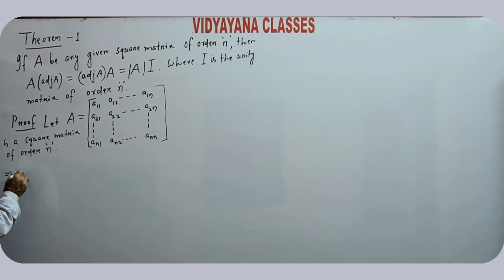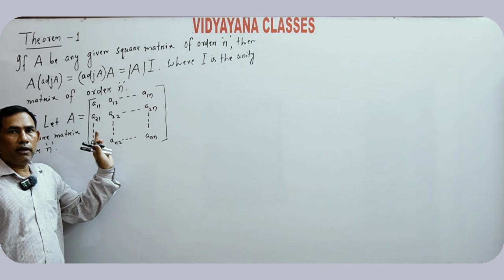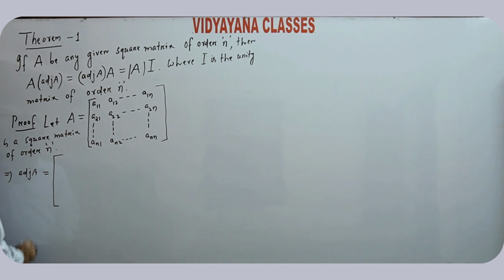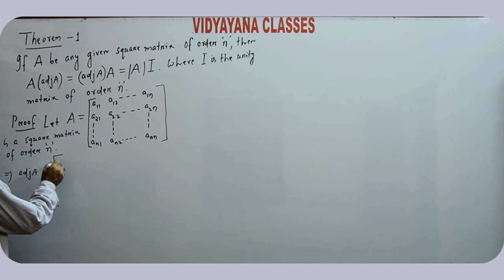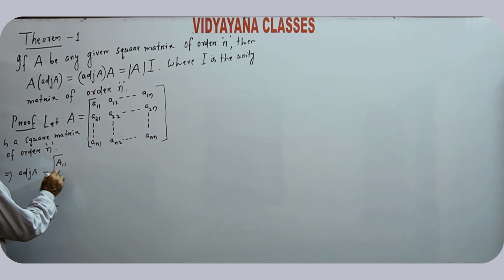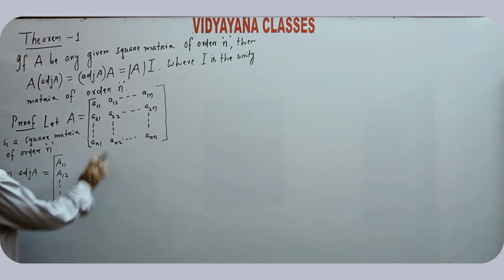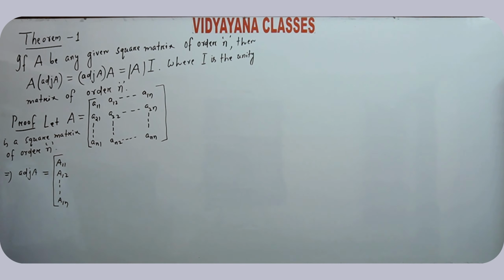Implies adj A. What is adj A? Transpose of the cofactor matrix is called adjoint matrix. Capital A11, capital A12, dotted capital A1n. Rows change to columns and the columns change to rows.